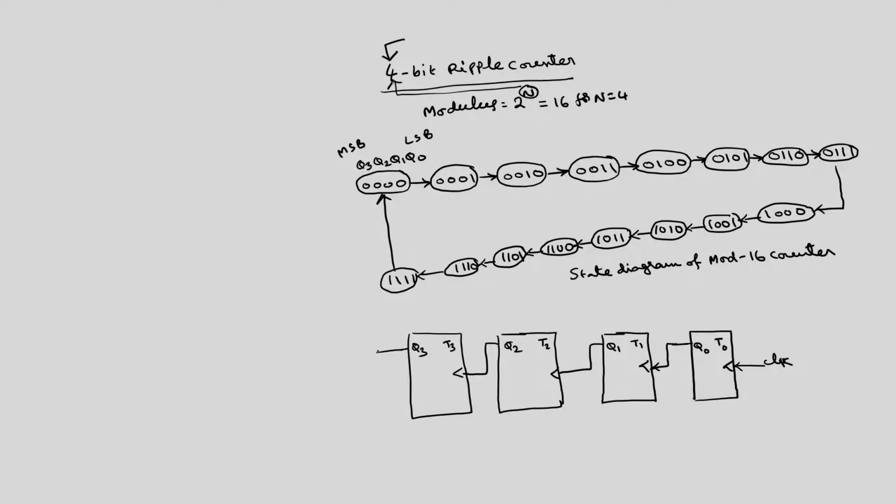These are the points where we will take the outputs, Q3, Q2, Q1, Q0. We will get this sequence.